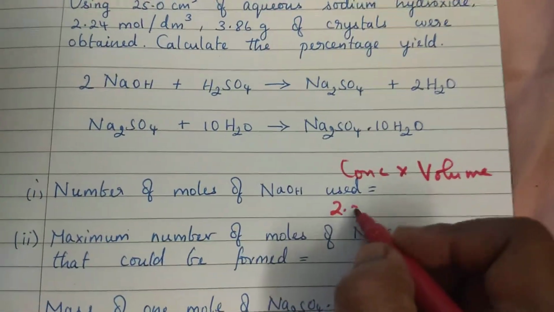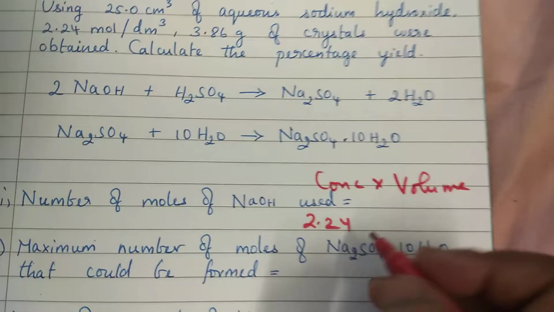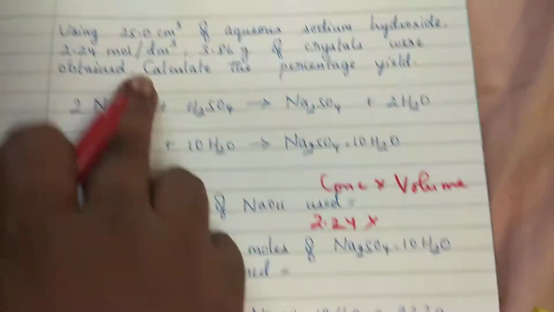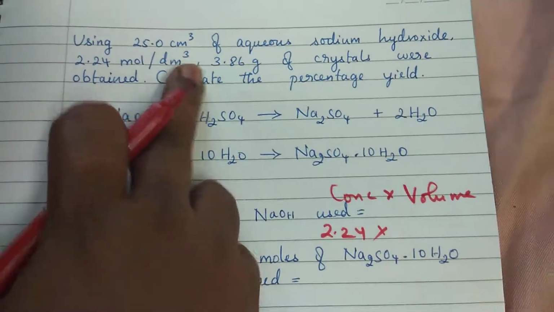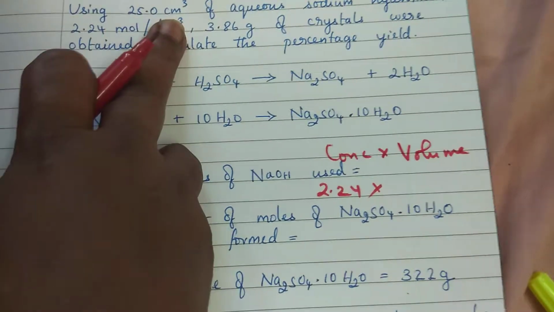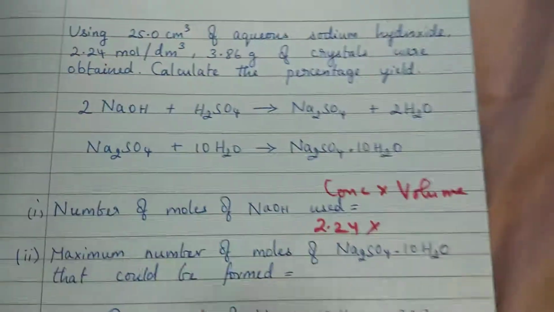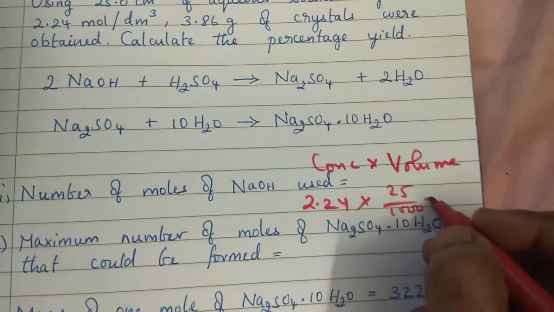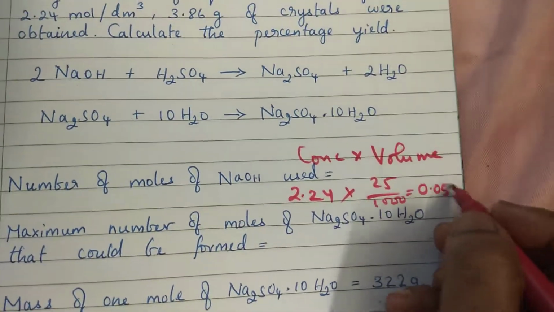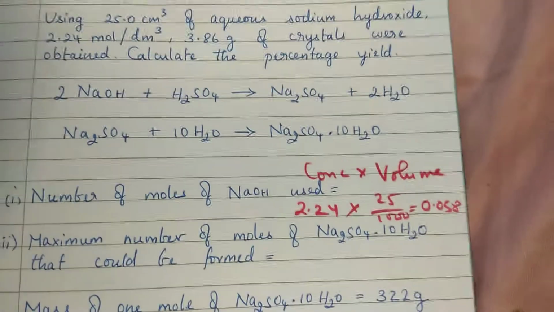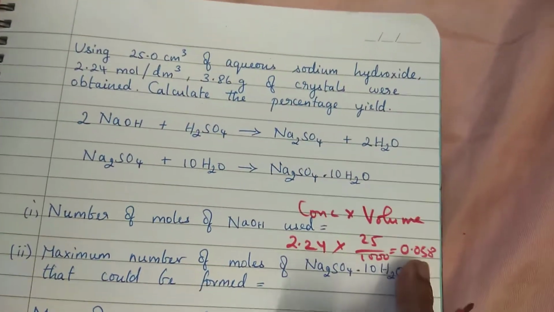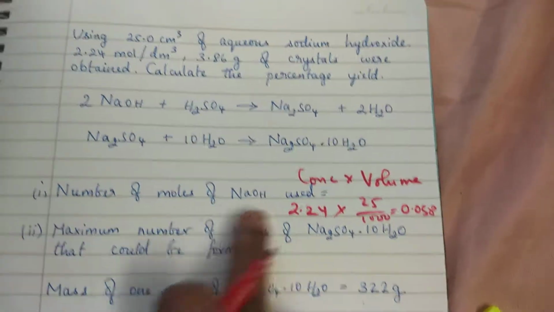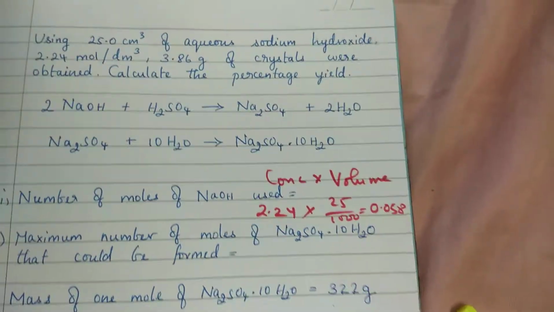That means 2.24 into, over here, 25 cm³ volume. You need to convert to dm³, so 25 by 1000. So you will get 0.058. So 0.058 moles of NaOH you have used in this.